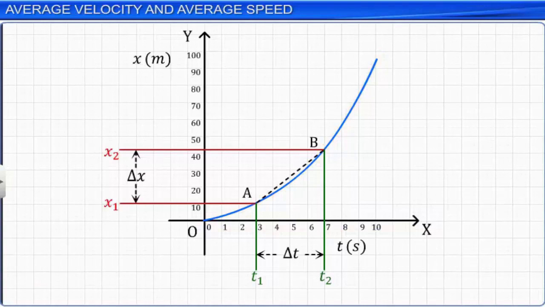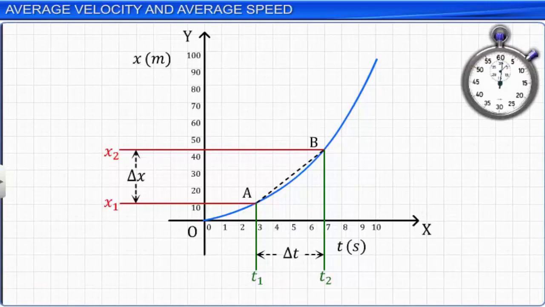For calculating the average velocity, we take the total displacement and total time elapsed. In other words, it is the average of different velocities obtained at different instants of time.